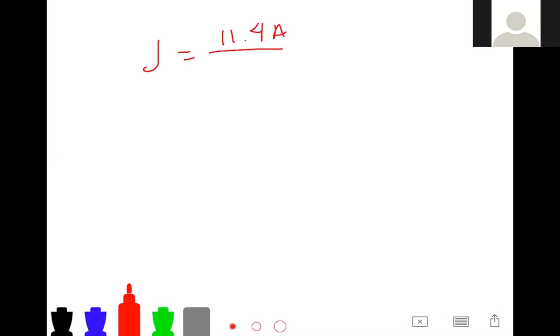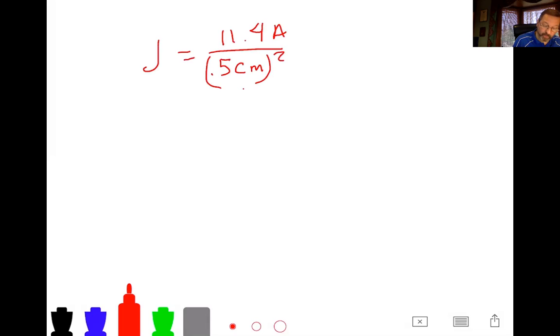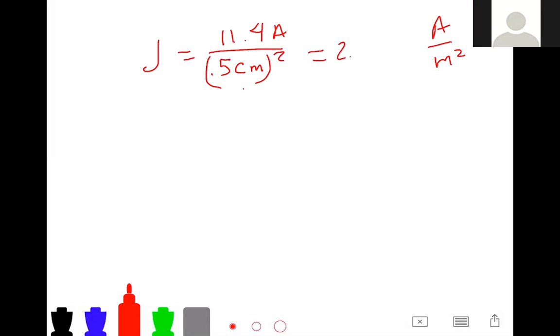Yeah, me too. And I'm dividing it by 0.5 centimeters squared, and that's a real small number. And so when I converted that to amp per meter squared, which is what you have to do, right? That's the problem. Yeah, I got something like 2.27 times 10 to the 5th amp per meter squared.